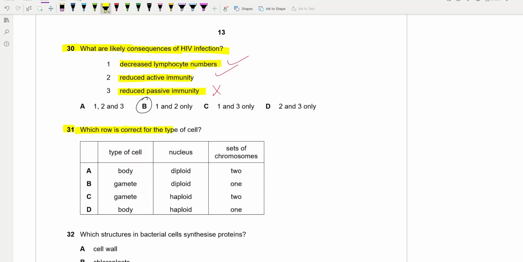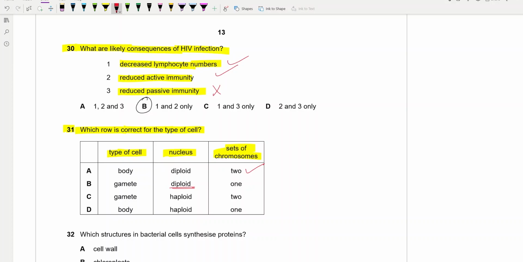Question number 31. Which row is correct for the type of cell? Type of cell, nucleus, sets of chromosomes. So the body has diploid nucleus and 2 sets of chromosomes, which is correct. The gamete has haploid and 1 set of chromosomes.